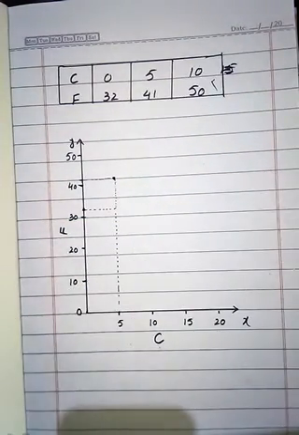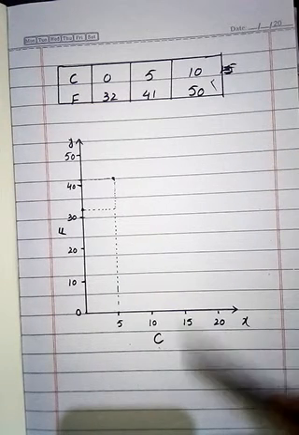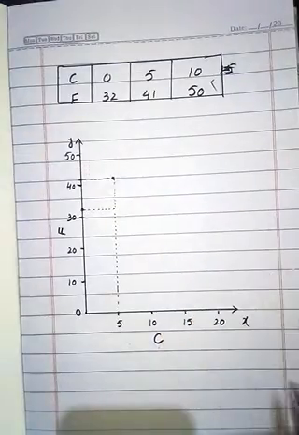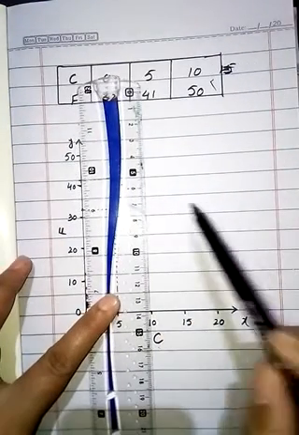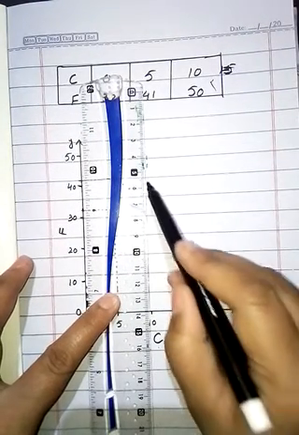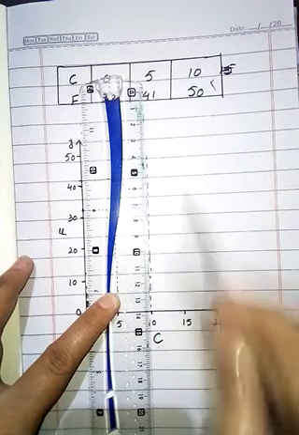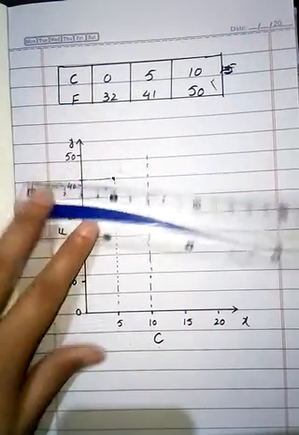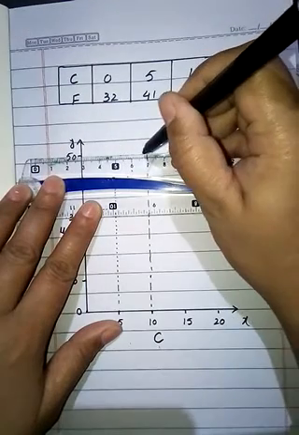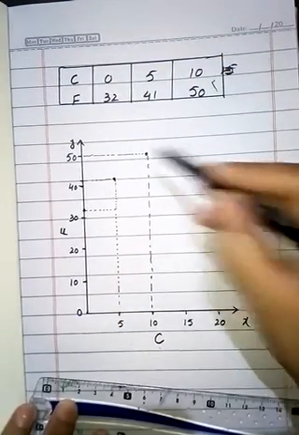Now this is the second point. Next, at 10 you get 50. So at point 10 you have to raise up to 50. Draw a dotted line up to 50. Now you have to draw a dotted line here, at 50. Now you get 3 points.